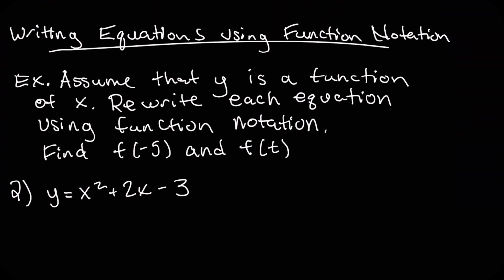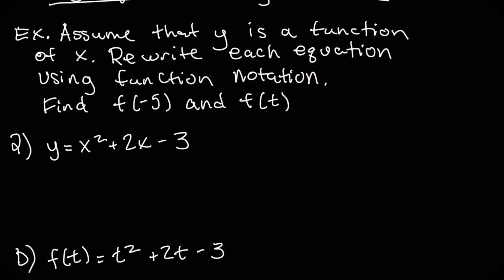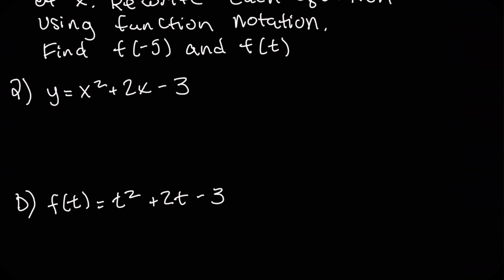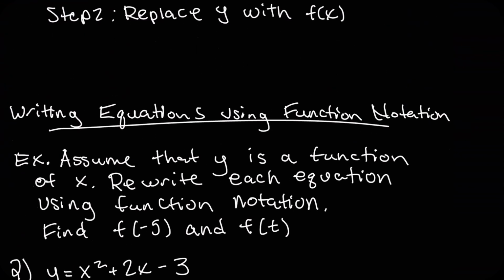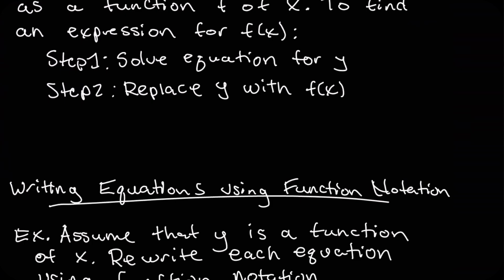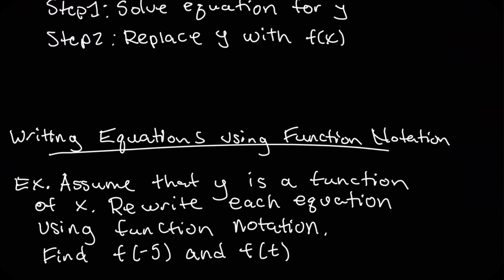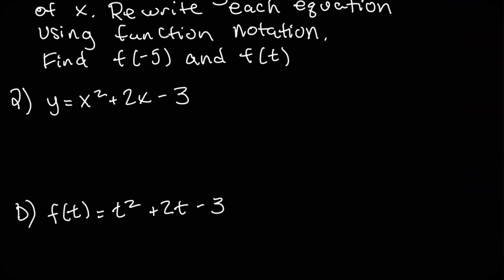So writing our equations using function notation, say for example we assume that y is a function of x, and rewrite each equation using the function notation. So we want to find f of -5 and f of t. Our first equation, well, what do we want to do for our 2 steps? First, we want to solve the equation for y, and then we want to replace y with f of x.